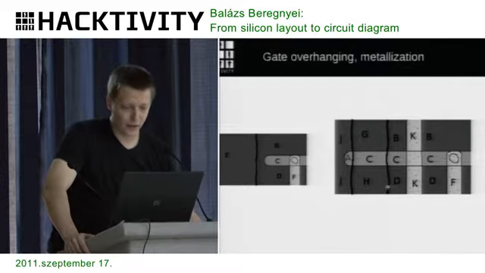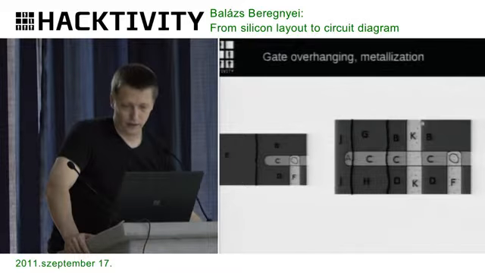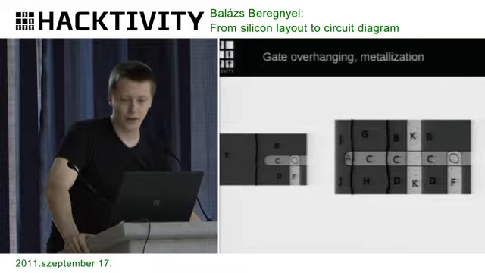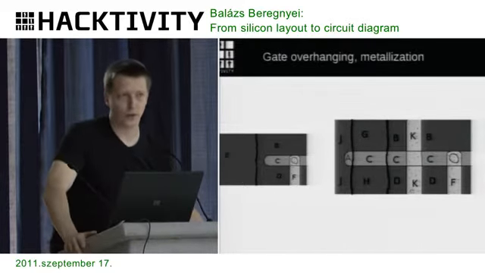That separates this layout into three parts, and this is the active zone, so that's a transistor, which means that neither this nor that is an active zone. But we have an aluminium wire crossing, and there is also a contact to the F. So there is only one transistor here.